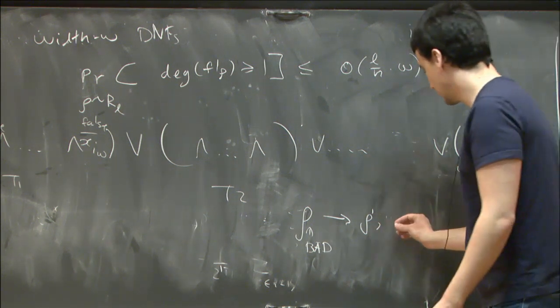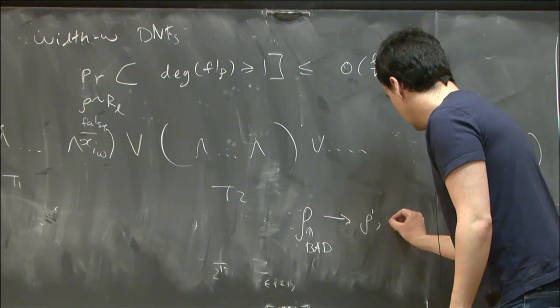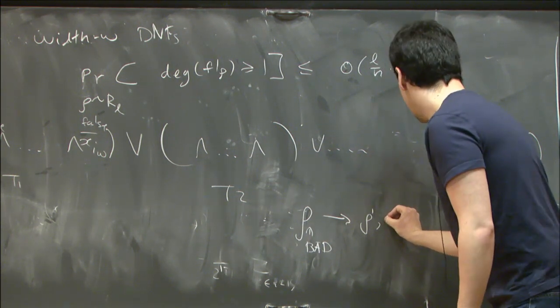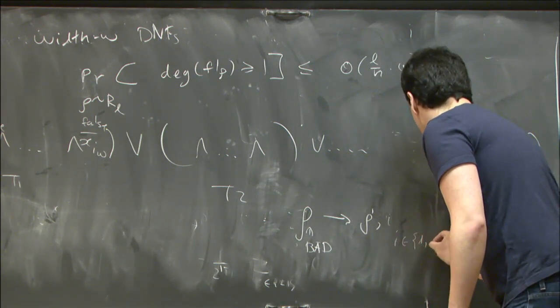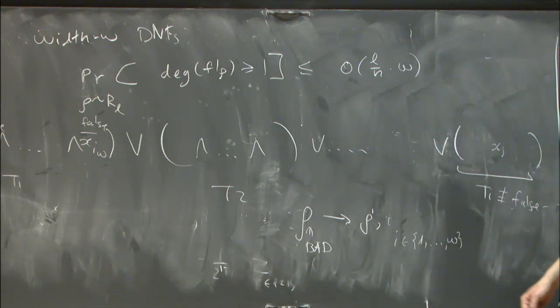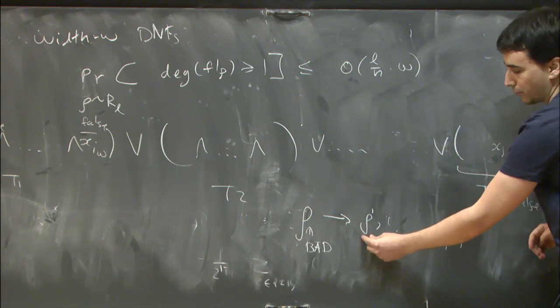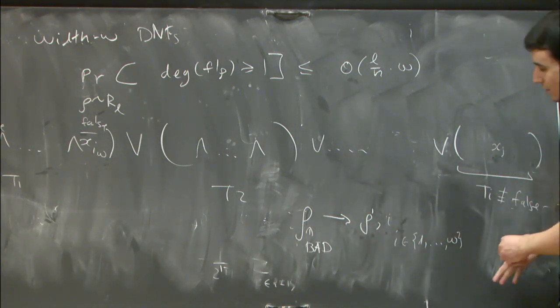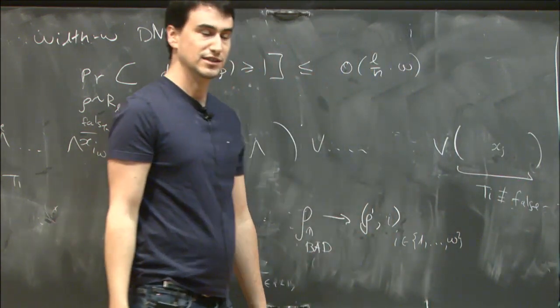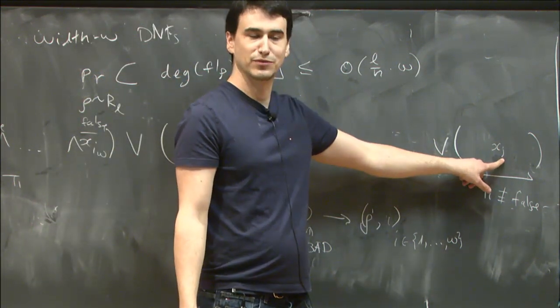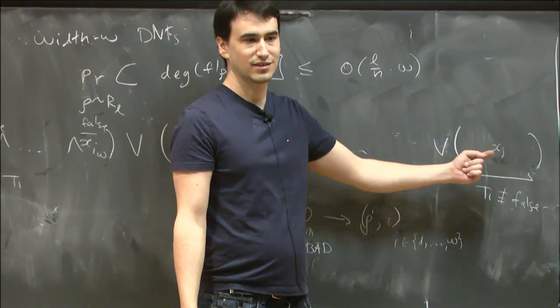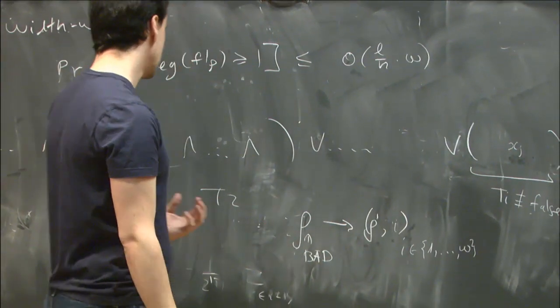This is a number i between 1 and W. So in this mapping, this set X will be of size exactly W. We are mapping a restriction to a restriction fixing one more variable, and we keep a number between 1 and W. Now when we want to decode, we need to somehow identify the variable we fixed and make it free again, make it a star again. So how do we do it?